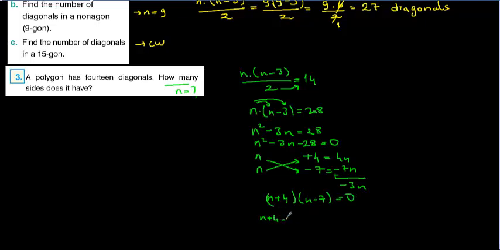So n plus 4 is equal to 0, or n minus 7 is equal to 0. n is equal to minus 4, or n is equal to 7. So n equal to minus 4 cannot be a solution here, because the number of sides cannot be negative.